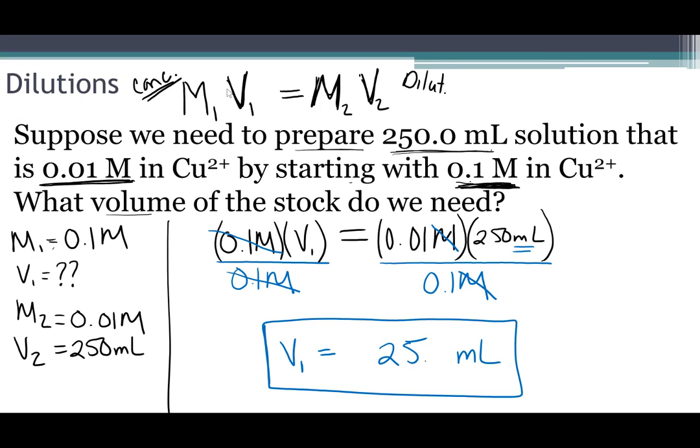If you see the word dilute, that should be a good indication it's a dilution problem. The other thing you'll see is different molarities. So here I see 0.01 and 0.1. With these two different molarities, it's likely going to be a dilution problem. So how do we get from one to the other? Just some red flags. We've got lots of formulas in this chapter, so these are some red flags to help you identify a dilution problem.